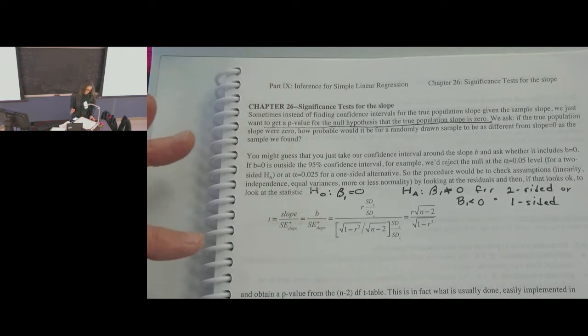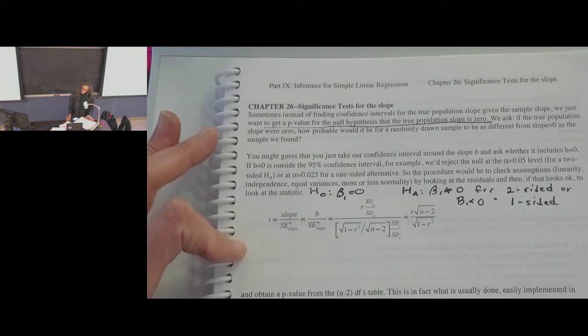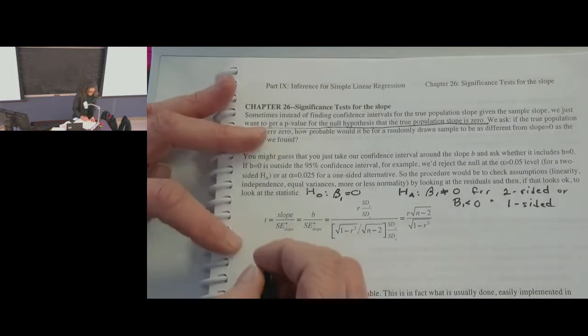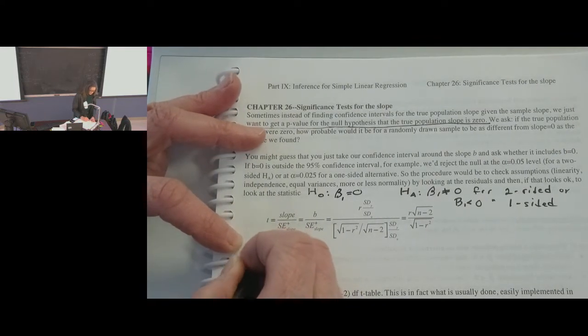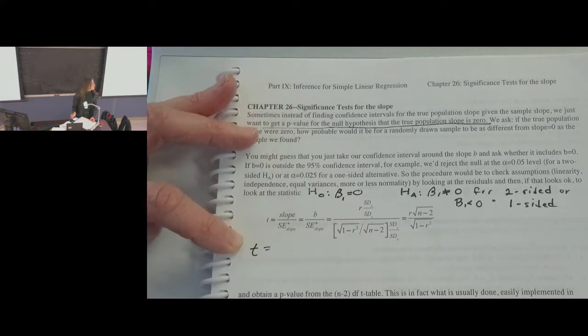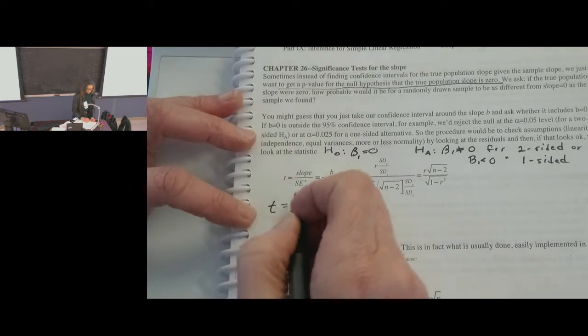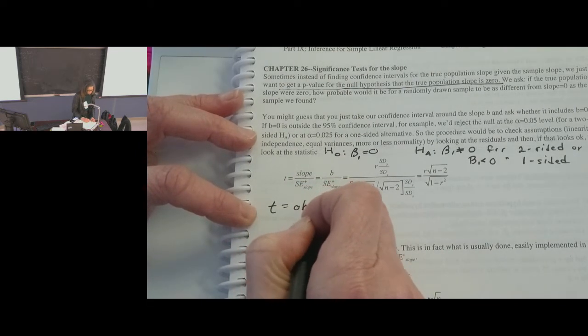Okay, so now what would be our test statistic? Well, this looks complicated. It's not. Let's state what we always do. Let's say we do a t or a z. We can do a t. So we get a sample slope, right? That's the observed minus the expected.